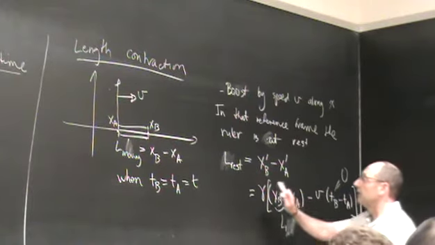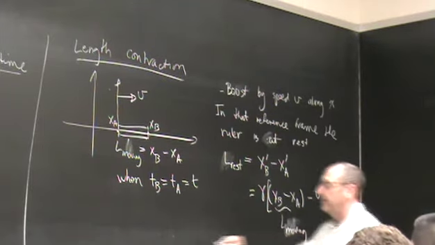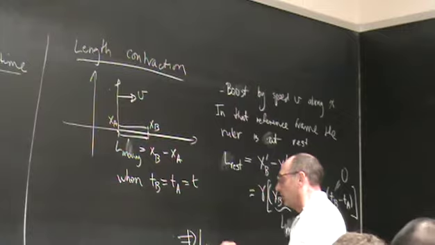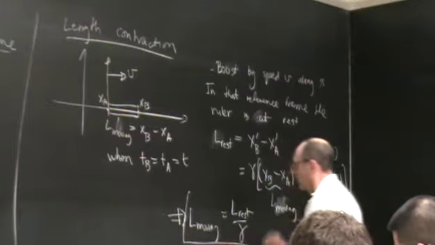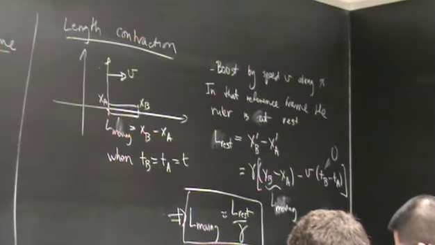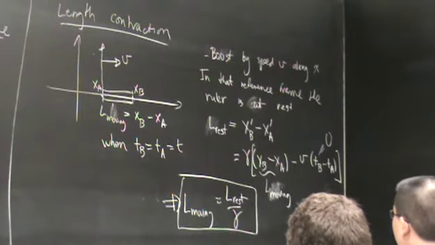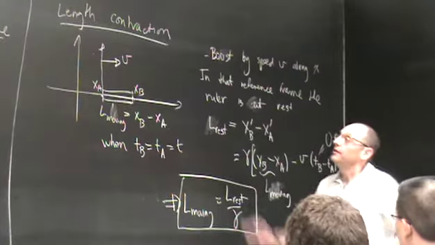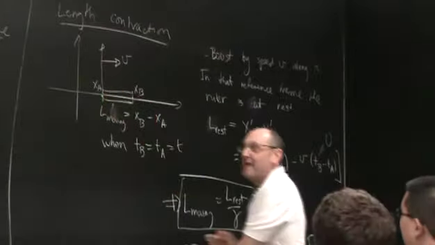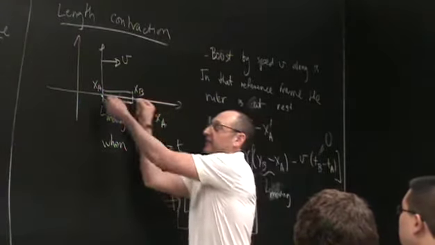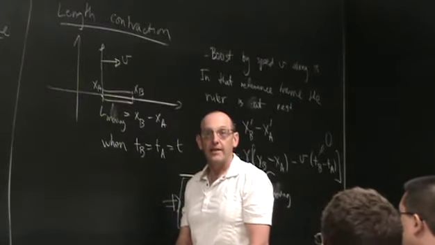And thus we see that the length of the moving ruler is the length of the ruler at rest divided by gamma. The length is contracted. So if the ruler was an inch, it would be an inch divided by gamma as seen by me if the explosions go off at the same time.